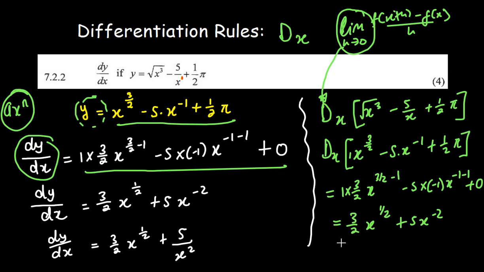So now the final answer would be 3 over 2 x to the power half plus 5 all over x to the power 2, which is exactly this. Those things are the same, just that here we don't write anything, but here we write dy over dx. So just remember, when you are simplifying, you always write dx.